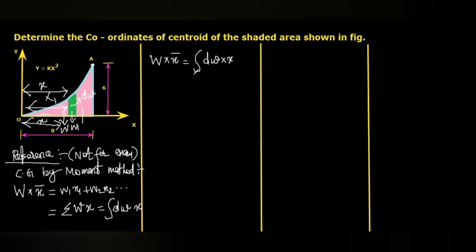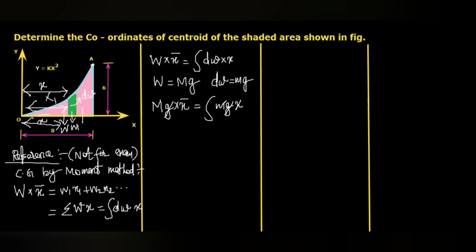Here we can write the weight as capital Mg, where M is the total mass of the object, and dW as small mg, where small m is the mass of the strip. If I replace this, we can write capital Mg multiplied with x bar equal to the integral of small mg multiplied with x.